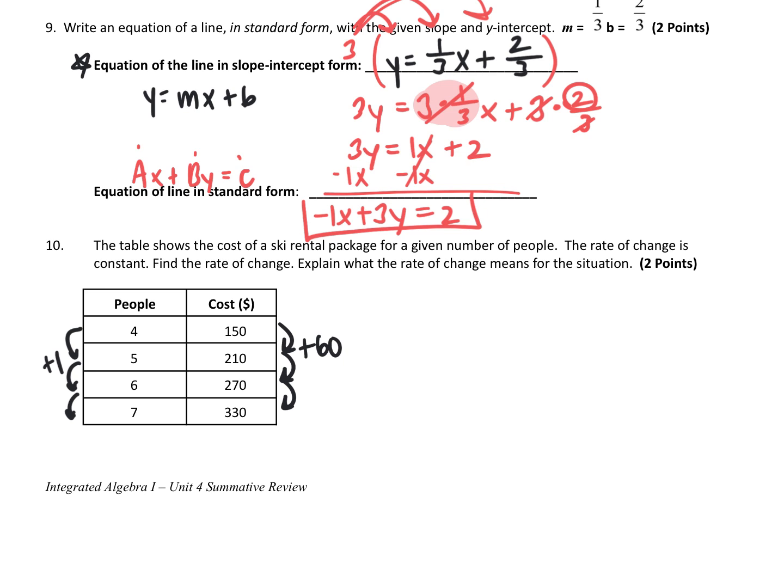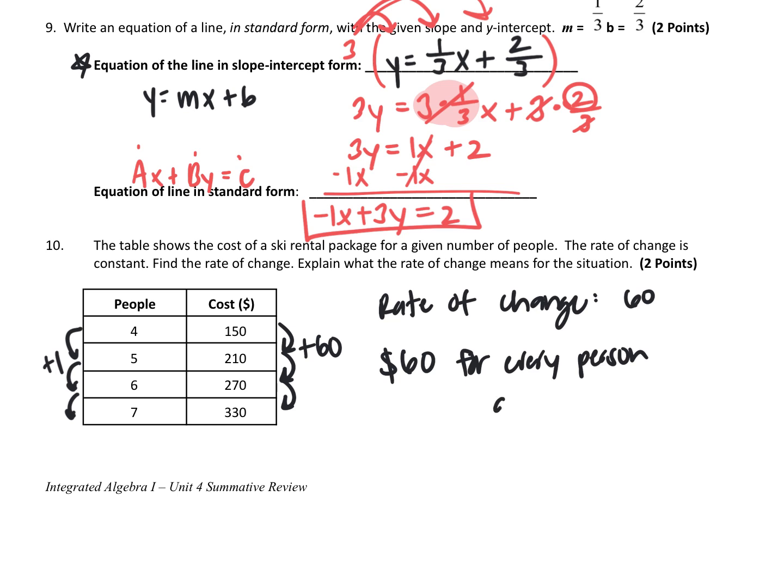So we can go ahead and say that my rate of change is 60. And then to explain what that means, you can say that it is going to cost $60 for every person added.